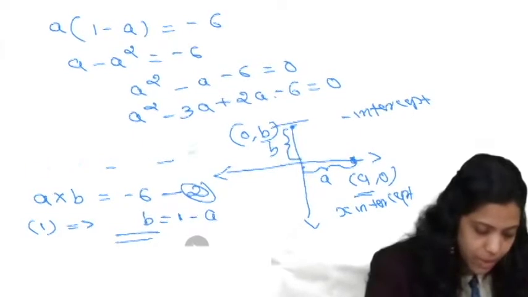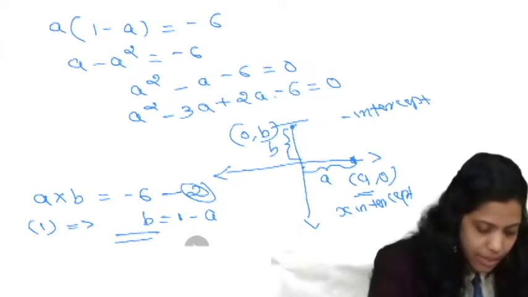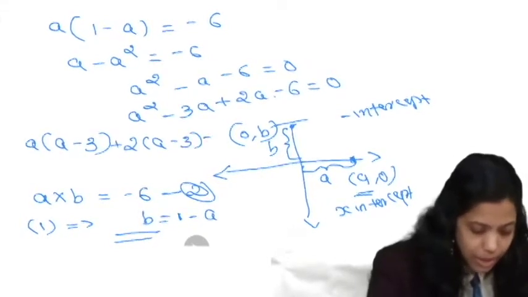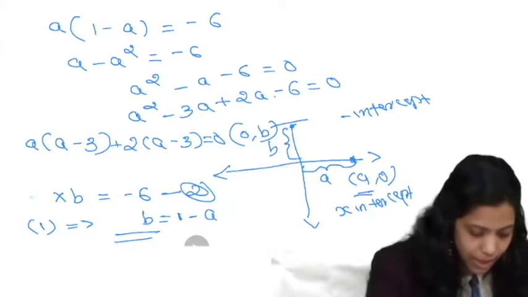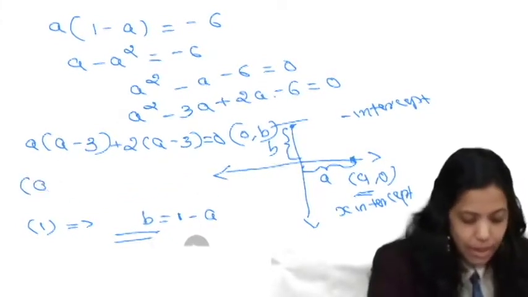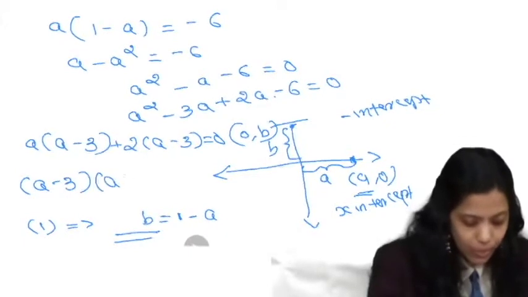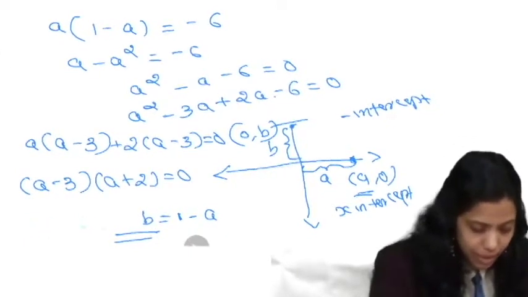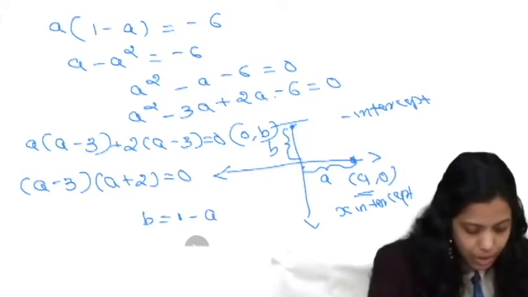So by solving that, we are getting a times (a minus 3) plus 2 times (a minus 3) equal to 0. So a minus 3 is the common bracket. Take it outside. (a minus 3) times (a plus 2) equals 0. So we'll get the value for a as a equals 3 or a equals negative 2.